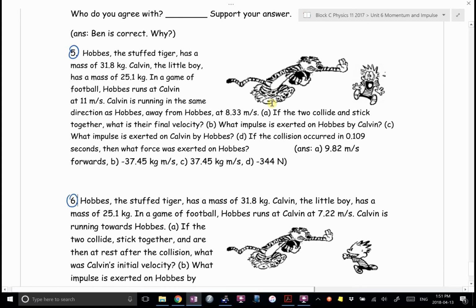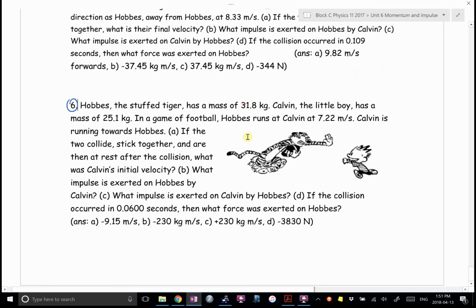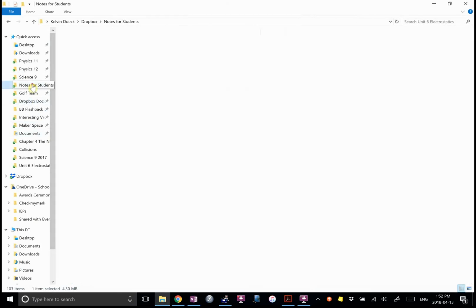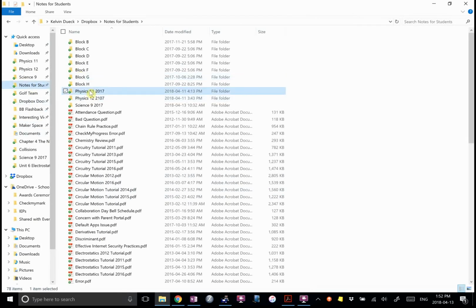Now, if you got this, great. But I've helped about 7 or 8 students during my flex blocks or after school with this. So let's walk through it. I'm going to walk through number 5, and that will still let you try number 6. Okay? And what I'm going to do is cheat a little bit. I'm going to go to a blank page, and I think if I open up the notes... What lesson was that?